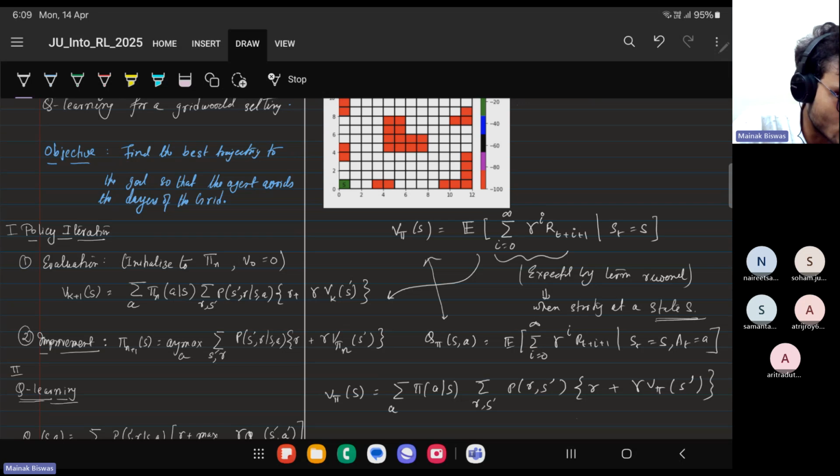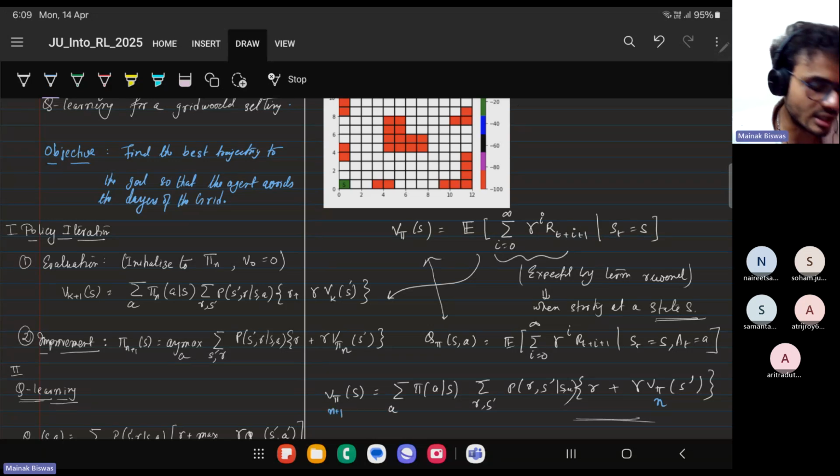So we saw that the value function could be written in terms of the probability distributions in this form. Now we said that this will converge if I just initialize V to some value and keep updating it with this equation.